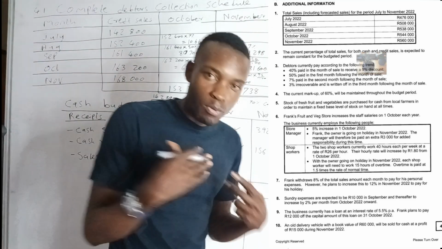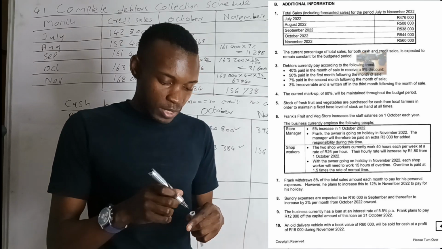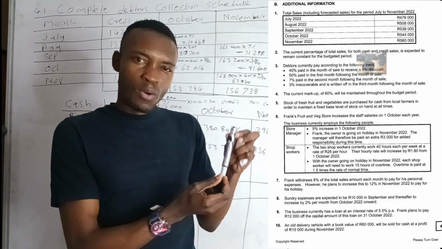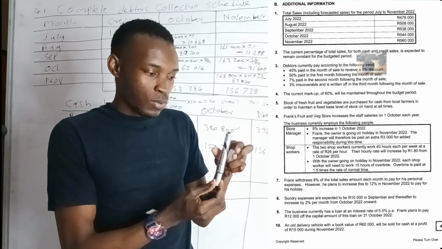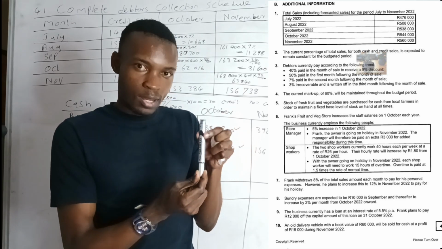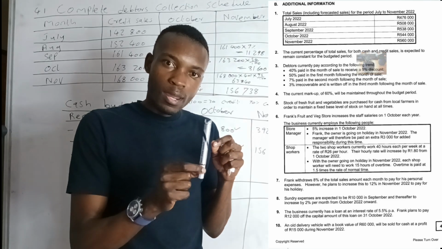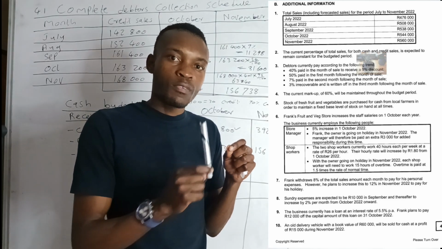Let me explain it this way. When we talk about a book value, it's like saying that because I already used this item, it's no longer worth the actual amount, but it's worth 10 rand. So if I sell it for 15 rand, I gained a profit of 5 rand.